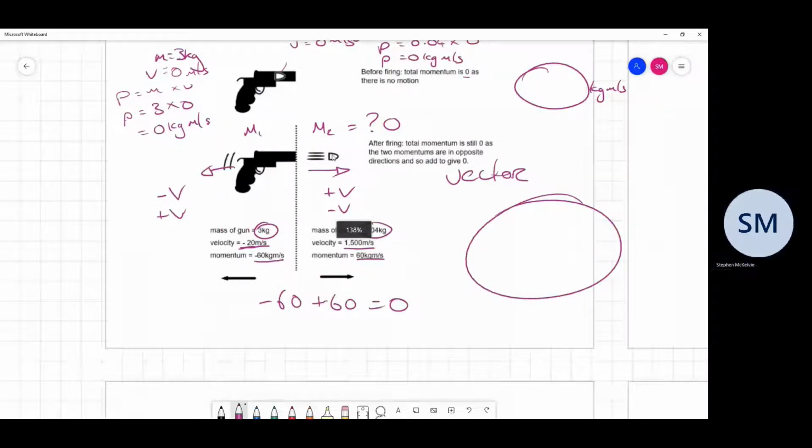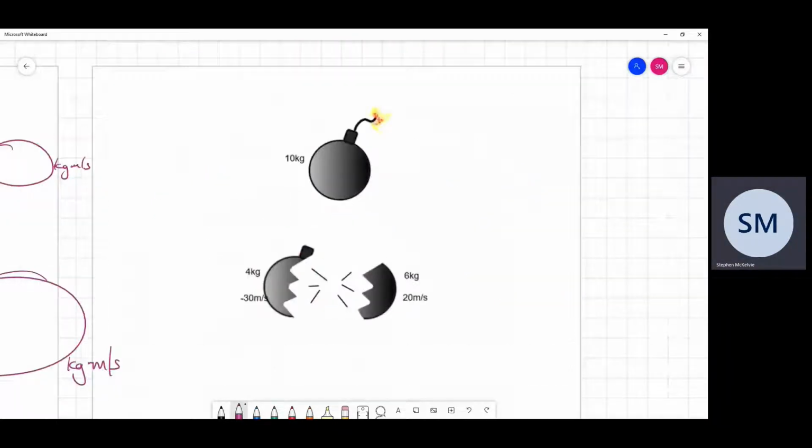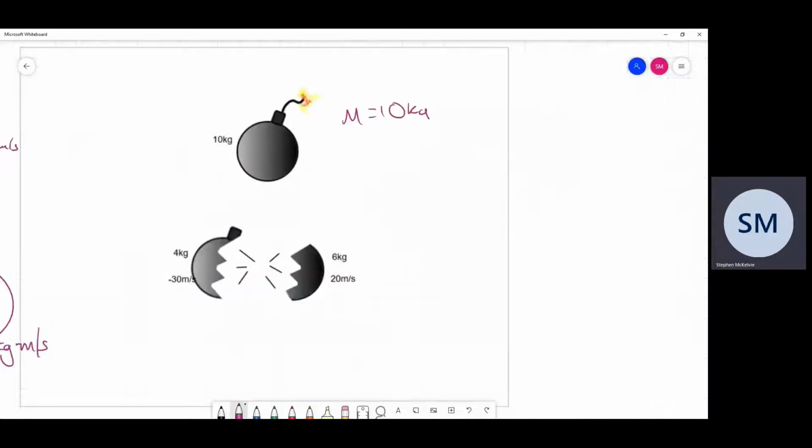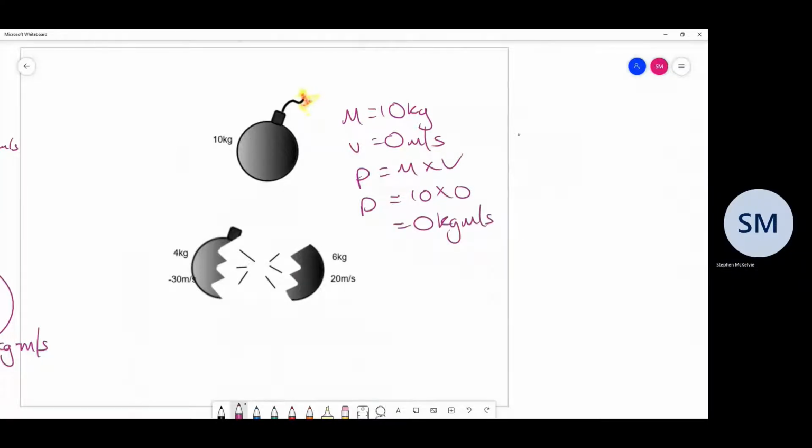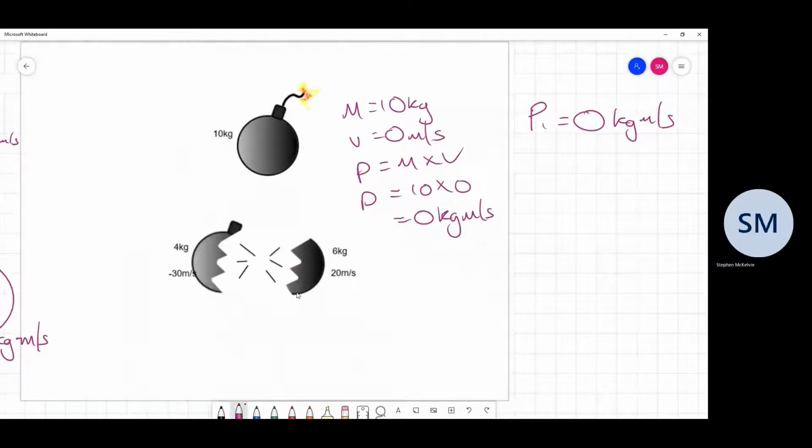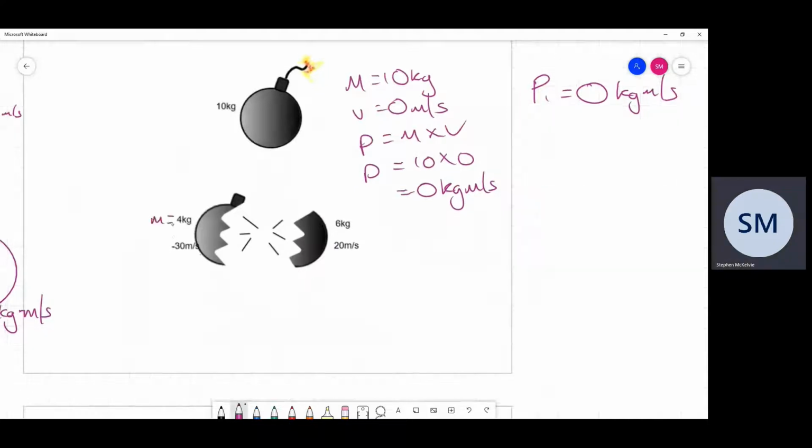Another example would be a bomb. This bomb has a mass of 10 kilograms. It has a velocity of 0 meters per second. Momentum is given as mass times velocity. 10 times 0 is equal to 0 kilogram meters per second. The total momentum here is going to equal 0 kilogram meters per second. The mass of this part of the bomb is 4 kilograms.